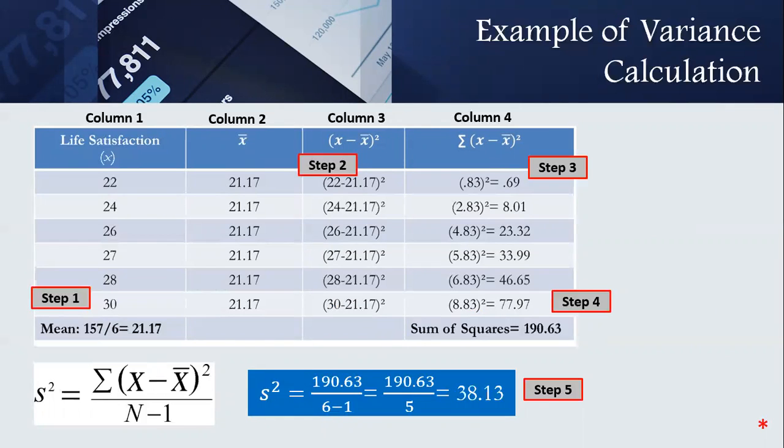As shown in column 4 for step 3, each mean deviation was squared. At the bottom of column 4, in step 4, all squared deviations were summed. As shown in the blue box below in step 5, the sum of all squares was divided by the degrees of freedom, which is the sample size minus 1.